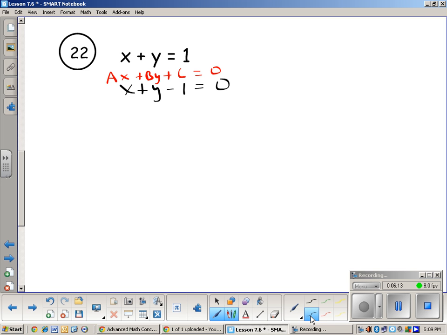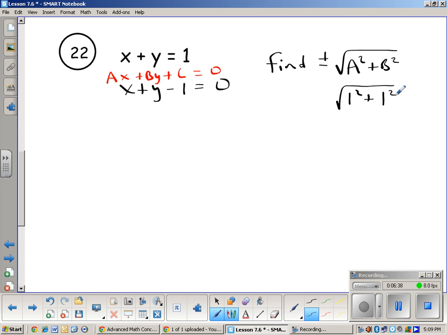And so we want to find plus or minus the square root of a squared plus b squared. And so that is the square root of a, which is 1, plus b, which is 1.